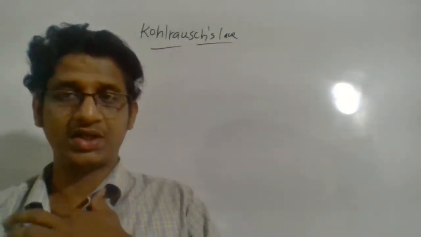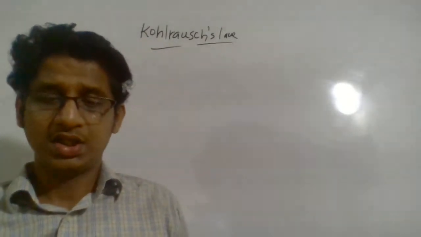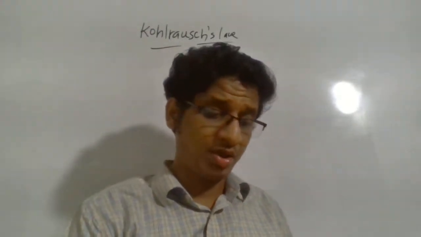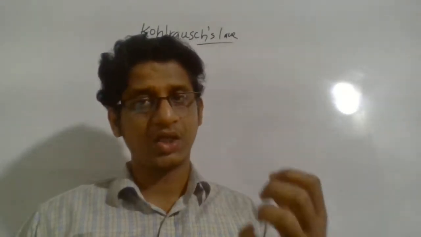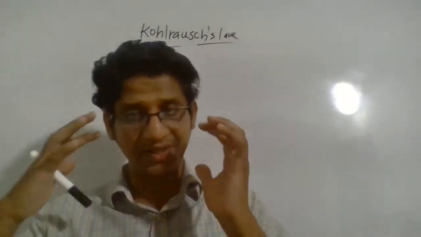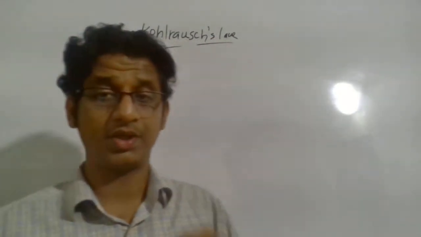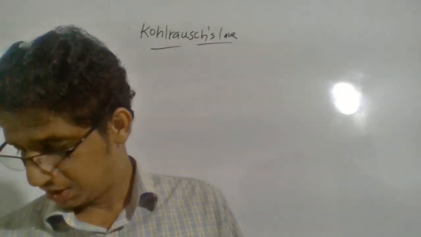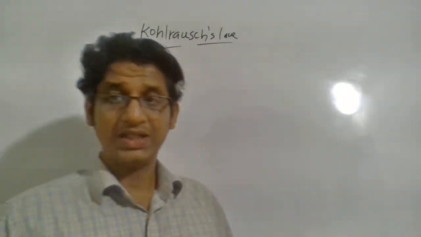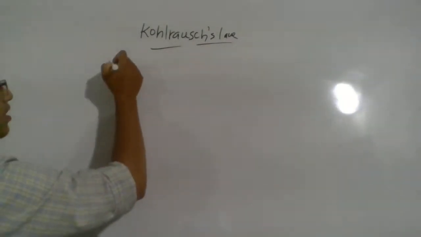Kohlrausch's law says that molar conductivity at infinite dilution is the sum of the molar conductivity of cation and anion. Both cation and anion independently contribute to the molar conductivity when you're talking about infinite dilution. So let us first define it.